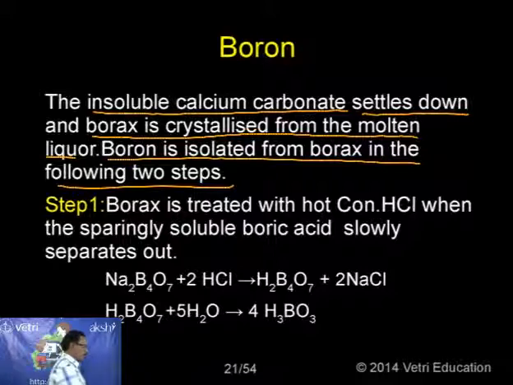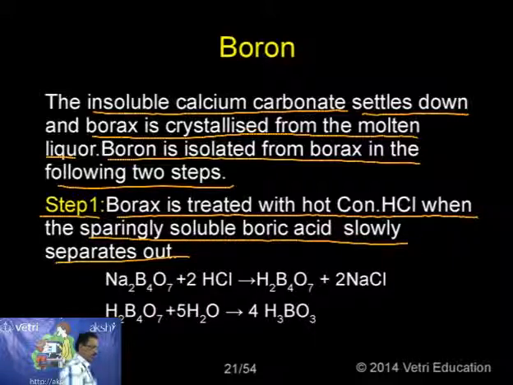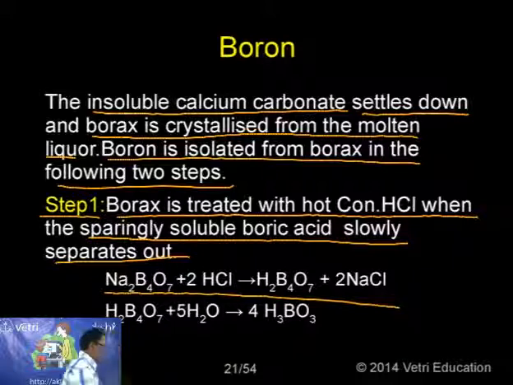What are the steps? Step 1: borax is treated with concentrated HCl, when the sparingly soluble boric acid slowly separates out. Na2B4O7 reacts with 2 moles of HCl to produce H2B4O7 and 2 moles of sodium chloride.